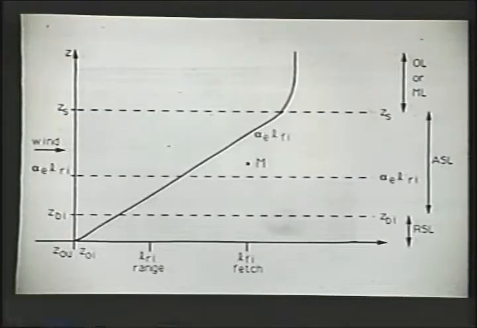So what conditions do we have to impose on our situation? Well, first of all, that measuring point has to be below the internal equilibrium boundary layer height. And that's what this line says. And that is roughly equal to alpha E, which is 1/100th, times Li, which is the fetch here. So you have to stay below this.